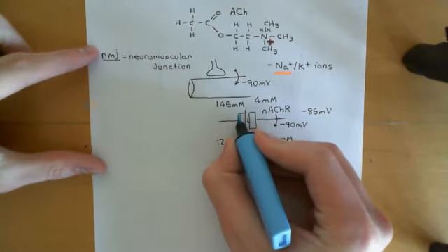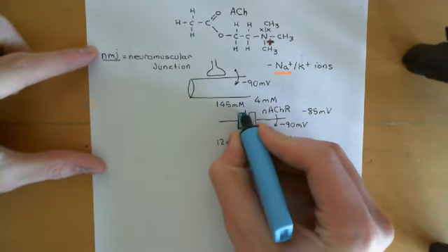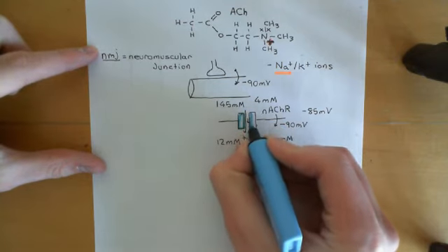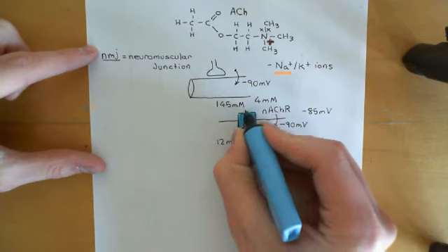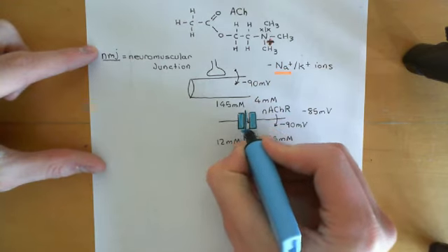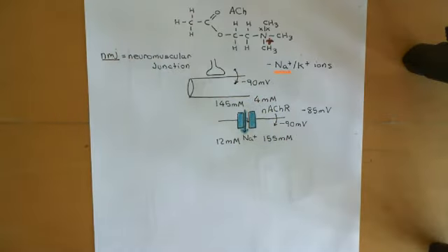The sodium gradient and the electrical gradient acting on the sodium ions is what's important, because they are going to create a very large sodium current coming into the cell, and that is going to depolarize the electrical potential difference across the cell membrane. So nicotinic acetylcholine receptors are permeable to both sodium and potassium ions.